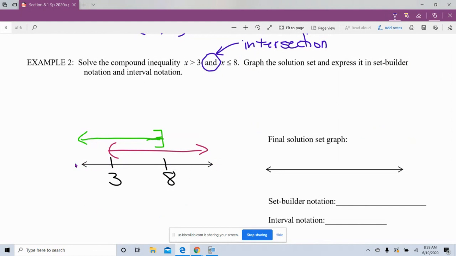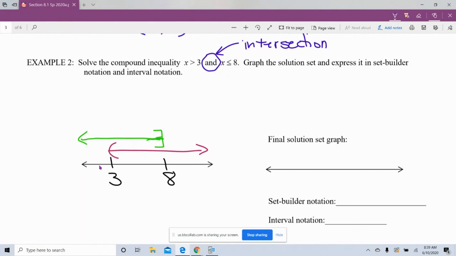So this region to the left of 3: these numbers are part of the second solution set, because that green shading does extend to the left of the 3. So these numbers are in the green solution set, which is the solution set for the second inequality.